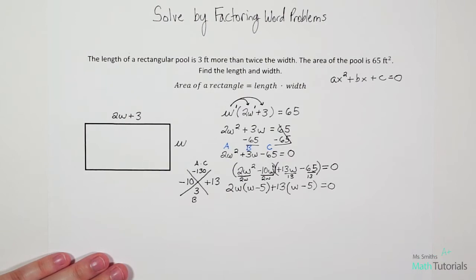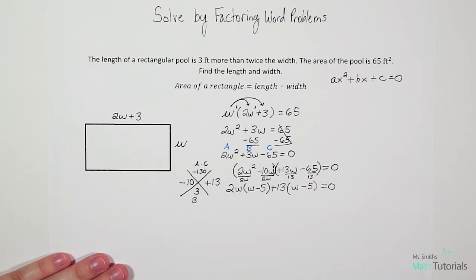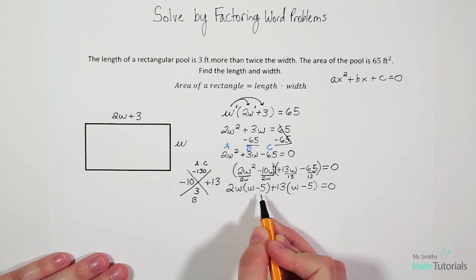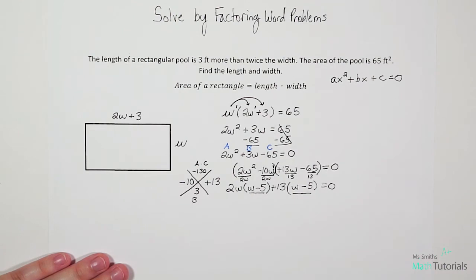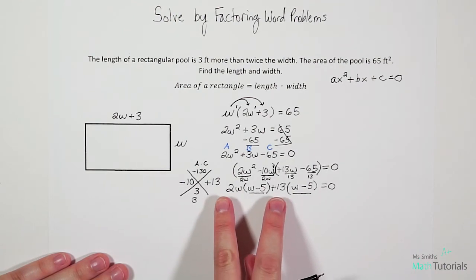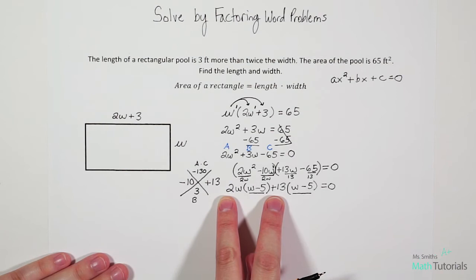One of the things I love about this method is right here, we have a way to check and see if what we've done has been accurate. The check is, in our parentheses, we should have twins. We should have the exact same thing here as we do here. Now our next step is to take our 2 values that are in front of the parentheses.